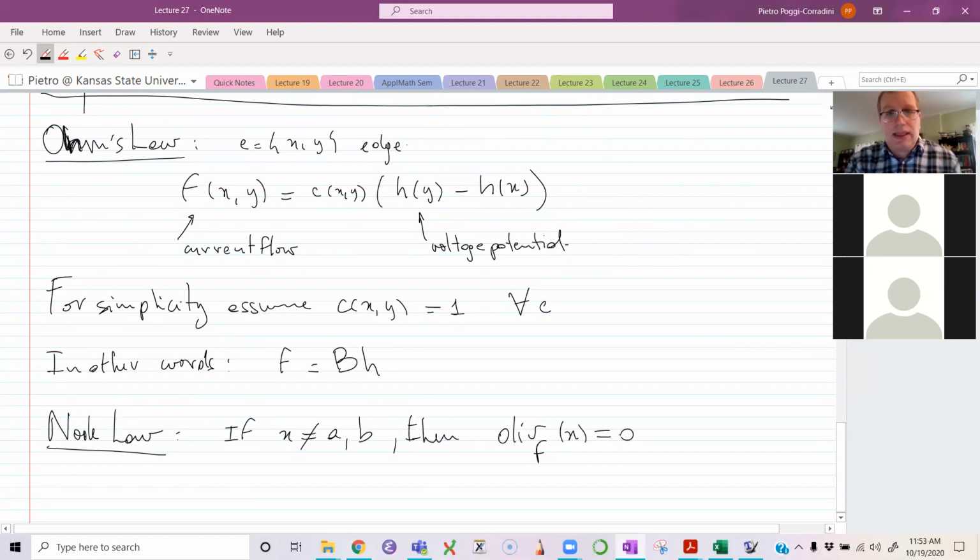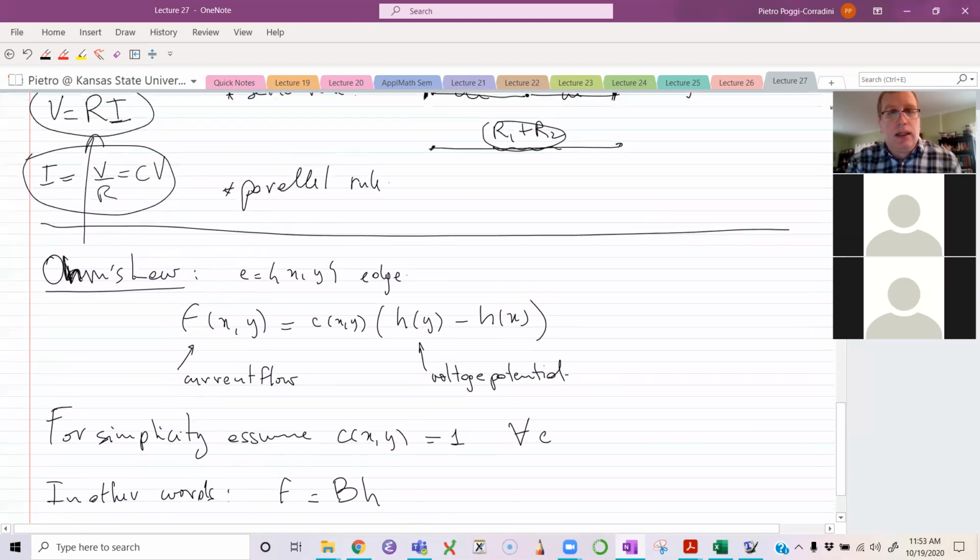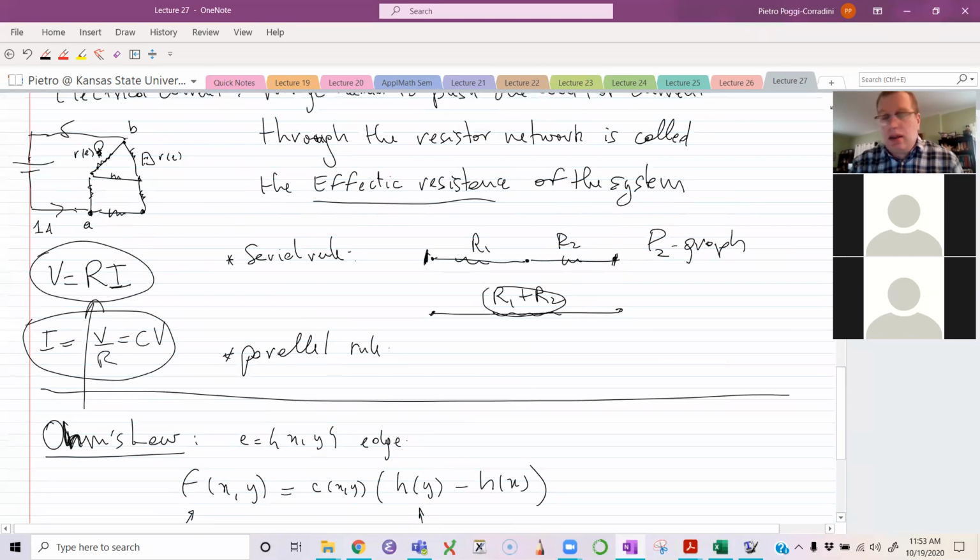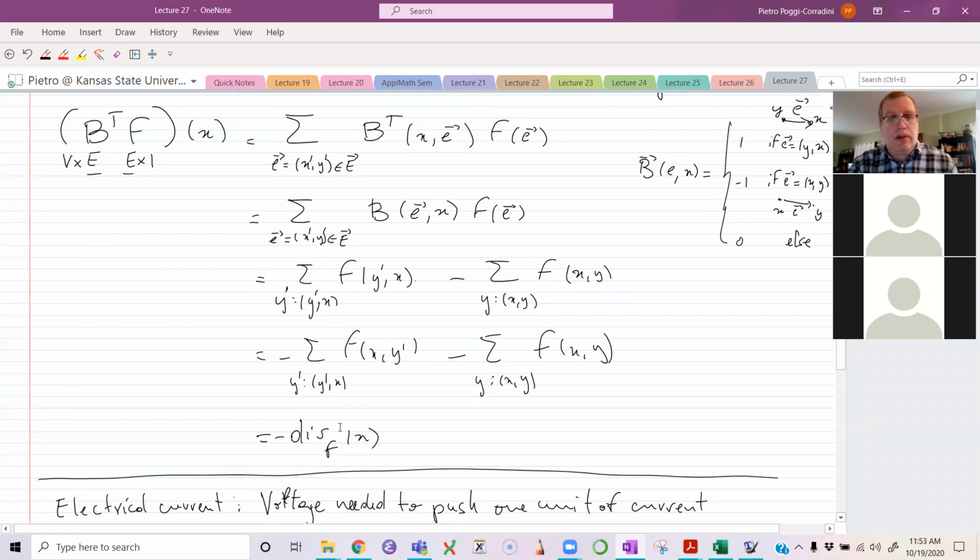In other words, whatever current comes into a node needs to get out of that node. That's what divergence 0 means, because if this is 0, then the pieces that come in equal the pieces that go out.